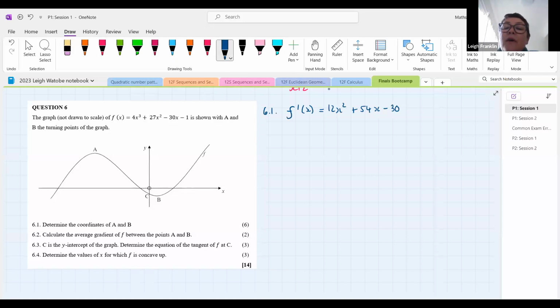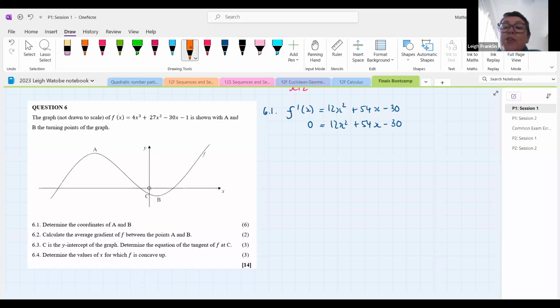Okay, so I've taken the derivative. My next step is I have to show the value of the gradient at the turning point. So I must show that the derivative is equal to 0. You get a mark for that.